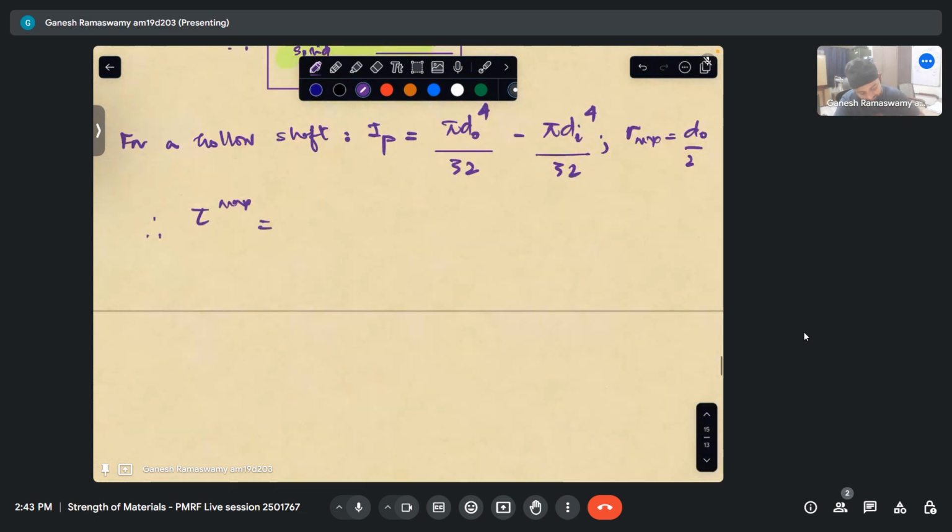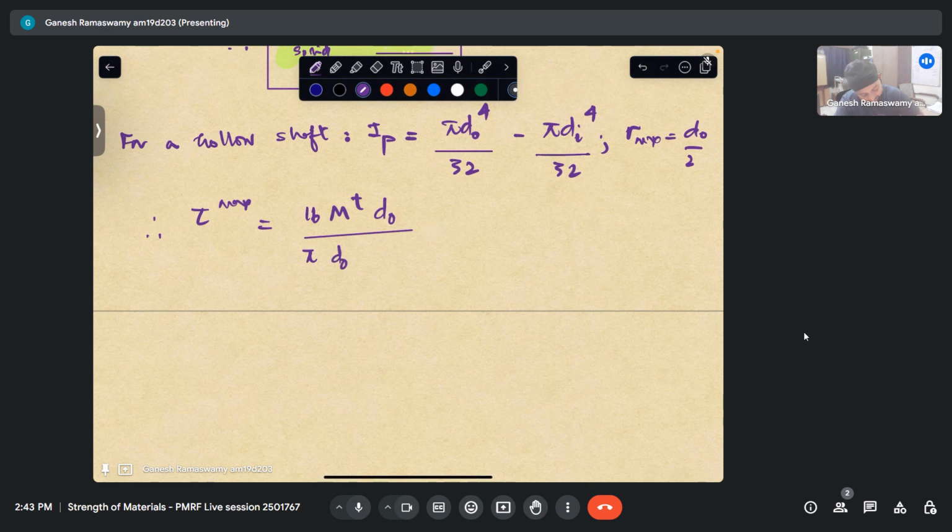this will come out to be 16 Mt d outer by pi into d outer power 4 minus d inner power 4.